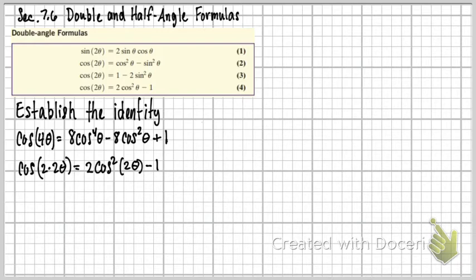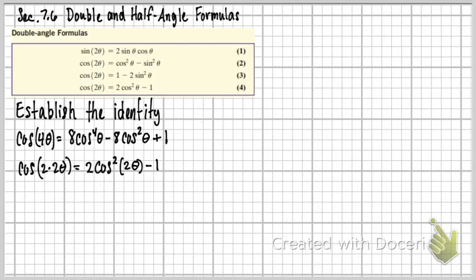Now keep in mind here, this little 2 here is really like taking this whole thing here and squaring it. So this is kind of what we're going to deal with next. So getting back to our problem at hand now, we have cosine of 2 theta again.